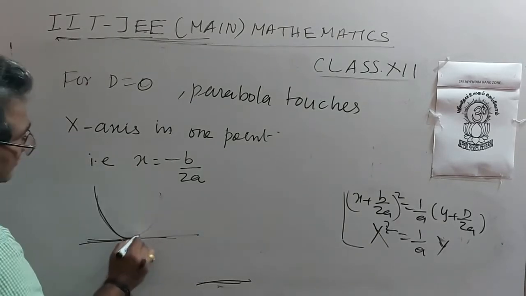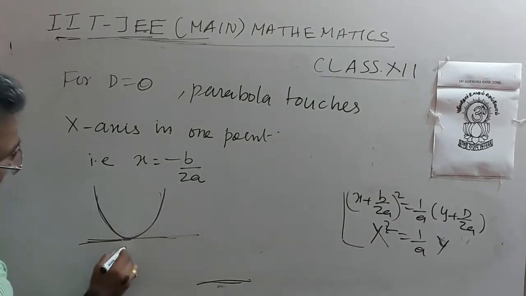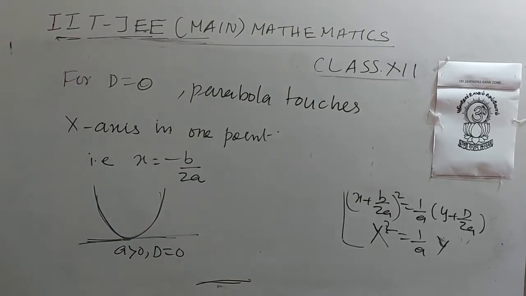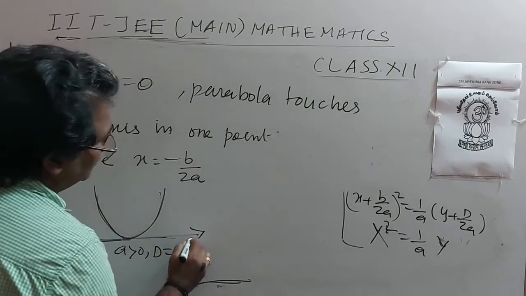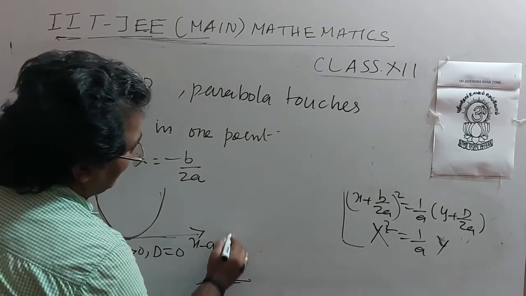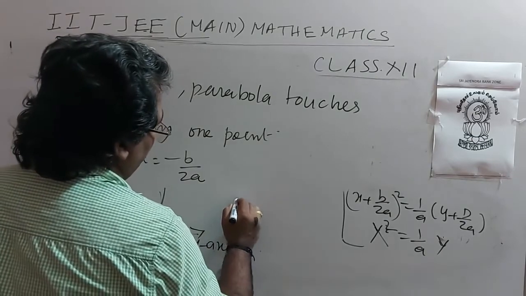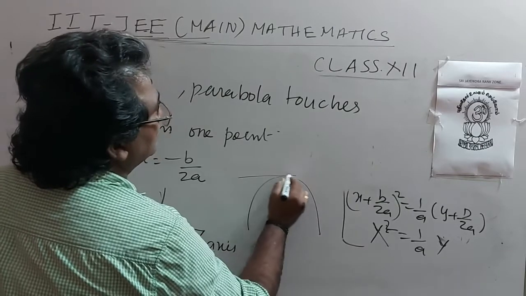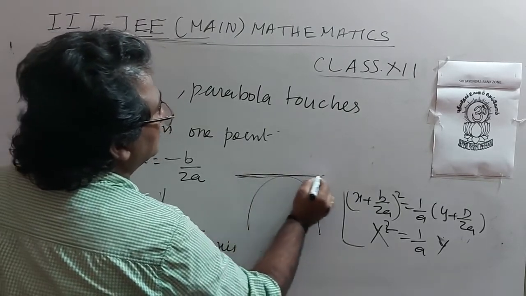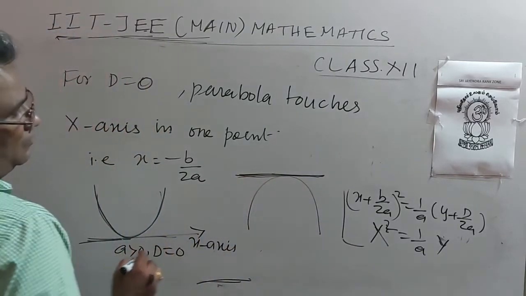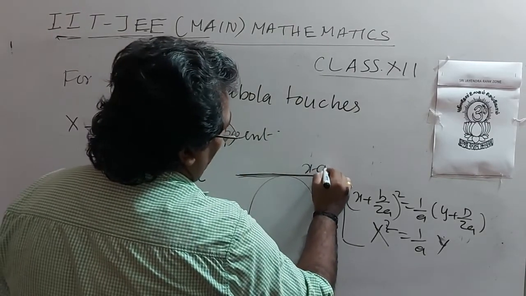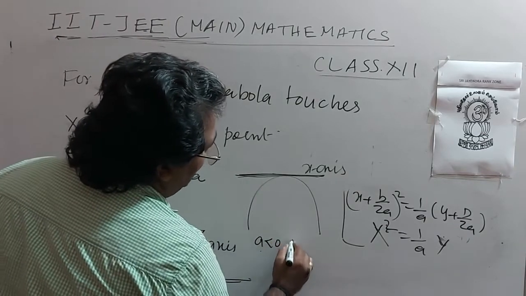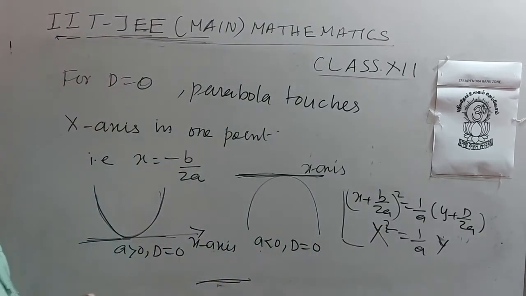Touches at one point. In this case, a is greater than 0, d equal to 0. This is x-axis. In this case, a is less than 0, d equal to 0.